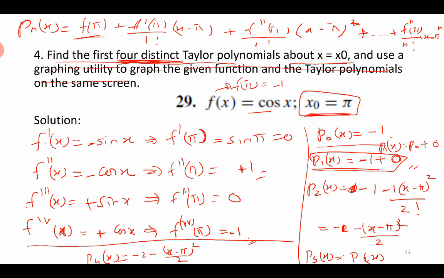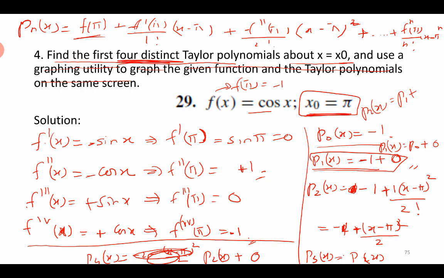So p2 of x is p1 plus the third term, which gives you this positive 1 by 2. Since p1 is negative 1, it is negative 1 plus this term. And p3 of x, when you find it, will be p2 of x plus the next term. This is up to second degree, so the third derivative is 0, so there is 0.